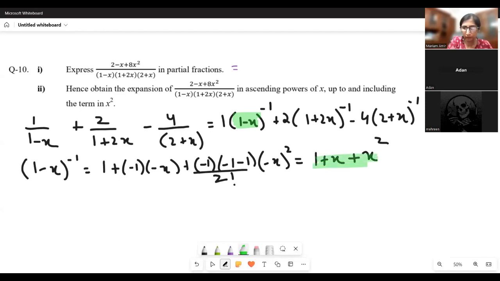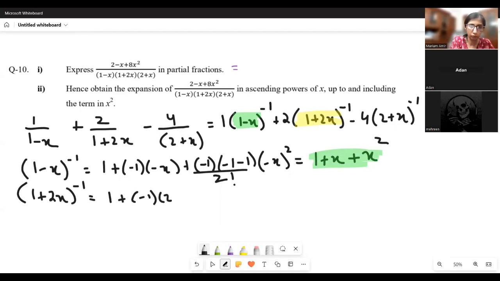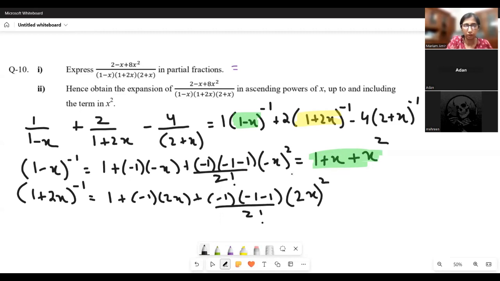Okay, next is, so we expanded that. Now let's expand this. 1 plus 2x power minus 1. So that's going to be 1 plus minus 1 times 2x plus minus 1 times minus 1 minus 1 upon 2 factorial times 2x whole squared.